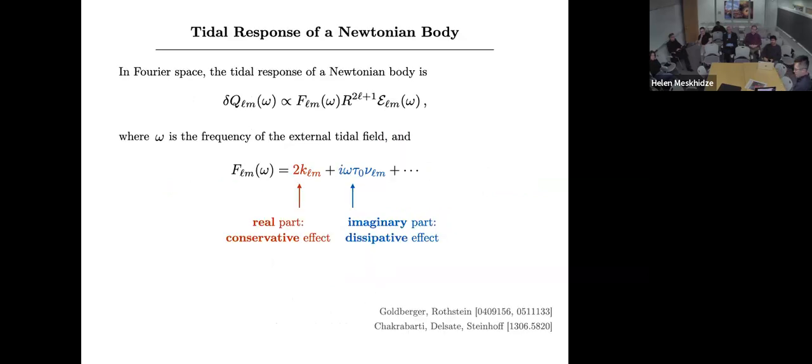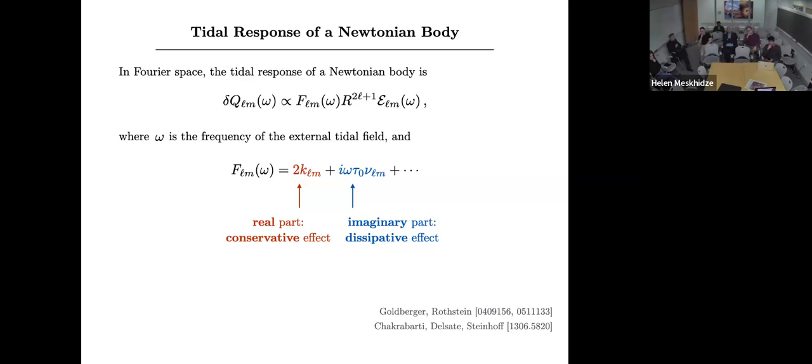So this is the relation in the time domain. And obviously, convolution in the time domain is just a product in the frequency domain. If one performs a Fourier transformation, you obtain this relationship, where now omega is the frequency of the external tidal field. But now this total function f takes a very simple form, given as follows.